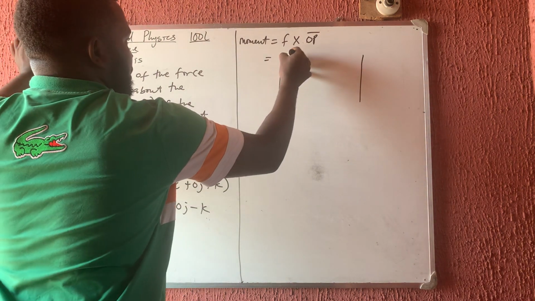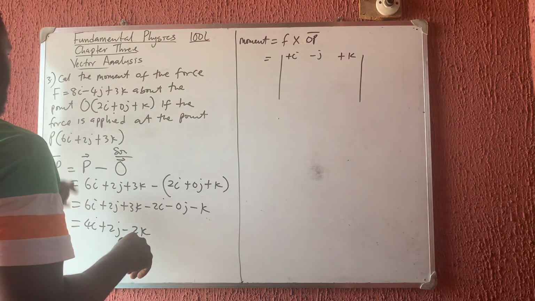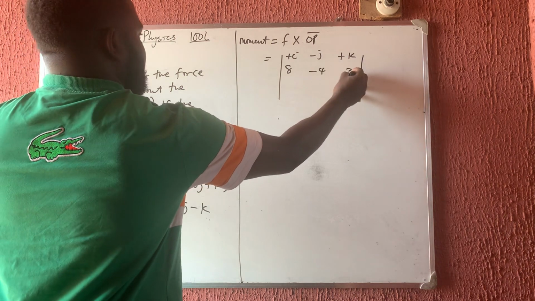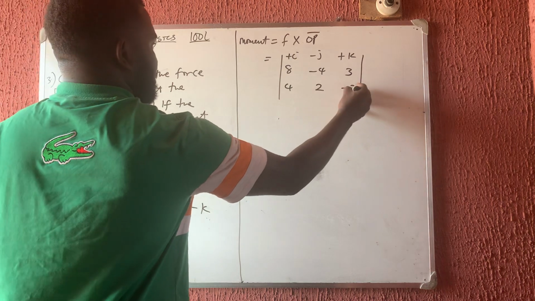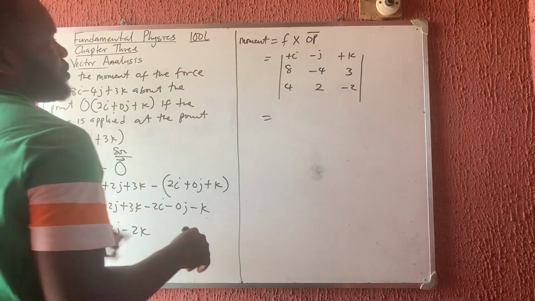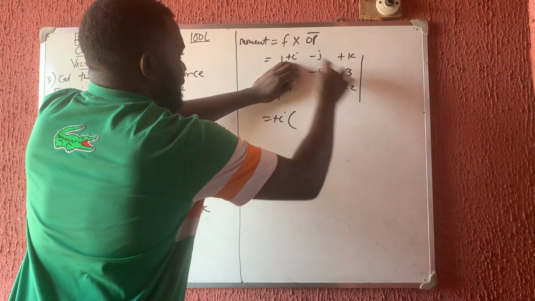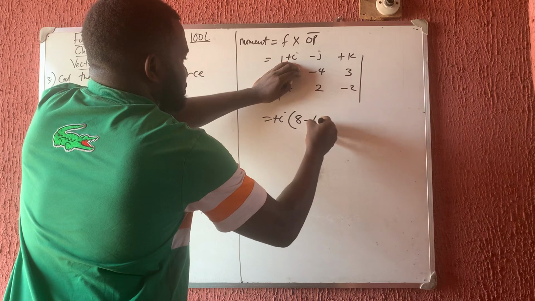So I have my i minus j plus k, then put in the value. My force is 8, minus 4 and 3, and this one gave me 4, 2 and minus 2. If you do that, you pick your plus i. Cover this place and do left minus right. This time this is giving me 8 minus 3 times 2, which is 6.